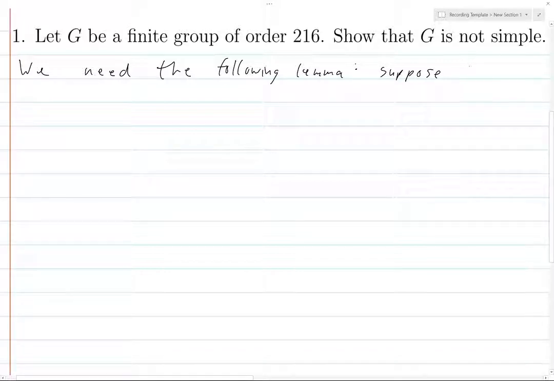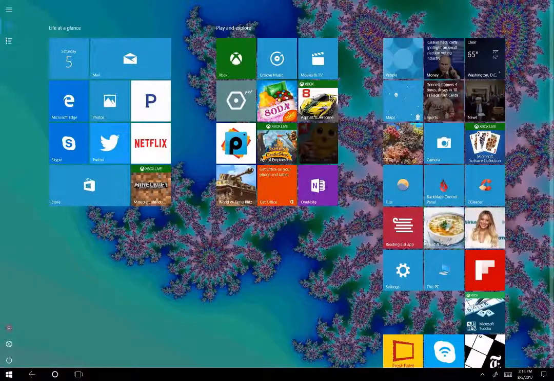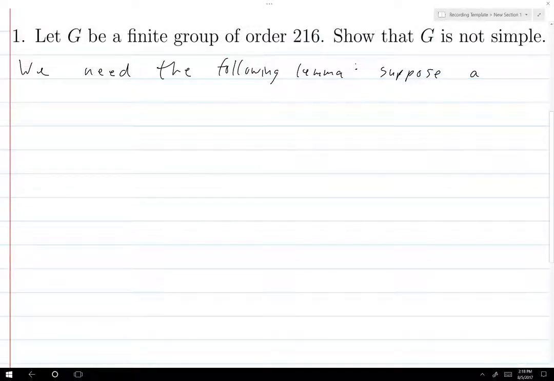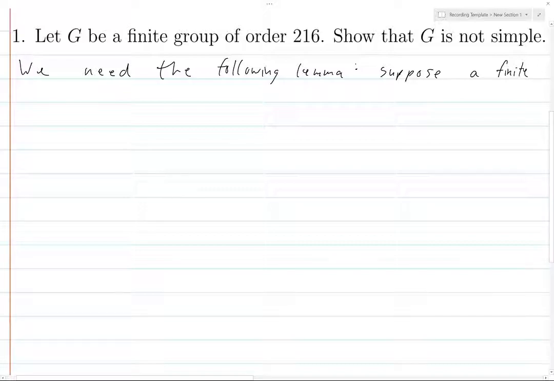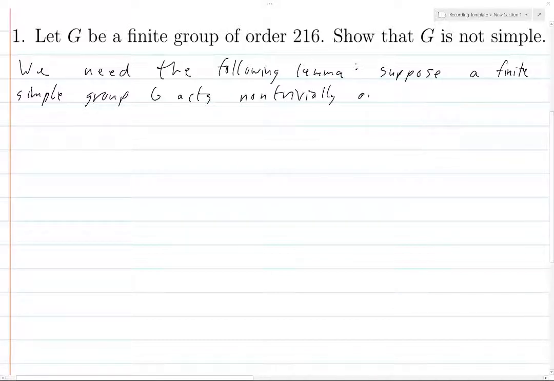Suppose a finite simple group G acts non-trivially on a finite set X, i.e., there exists some x in X and there exists some g in G such that gx is not equal to x.